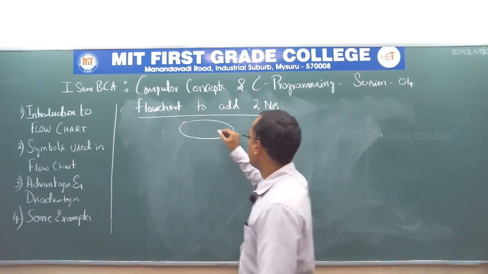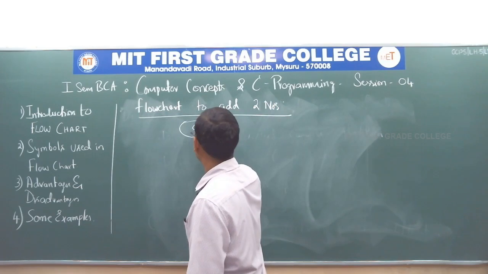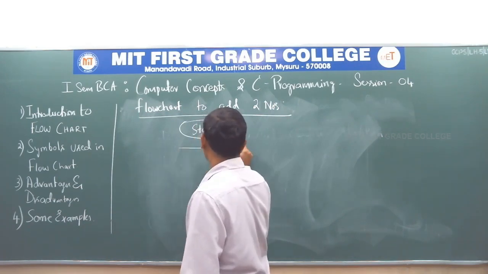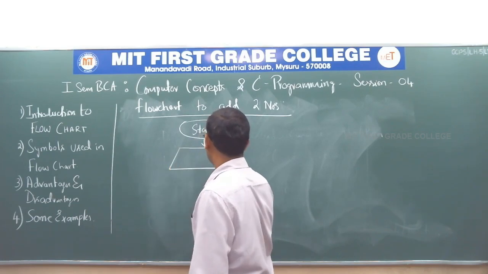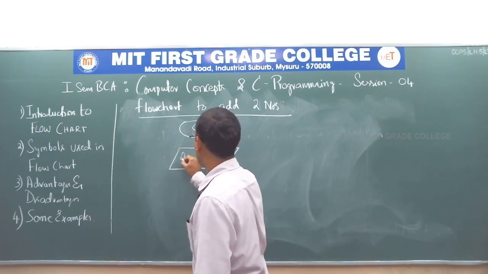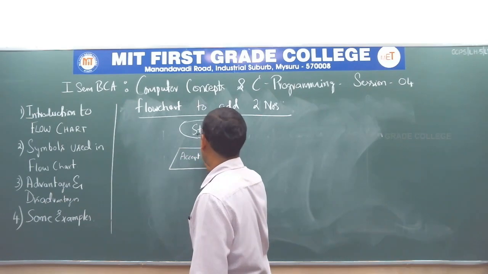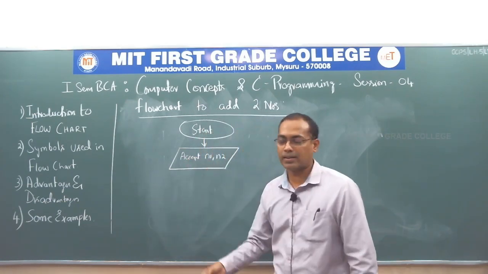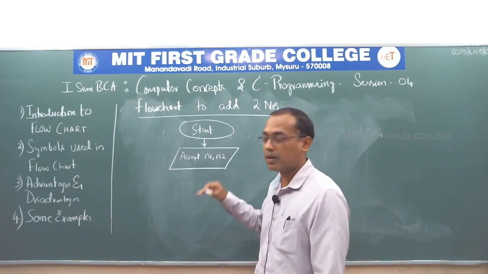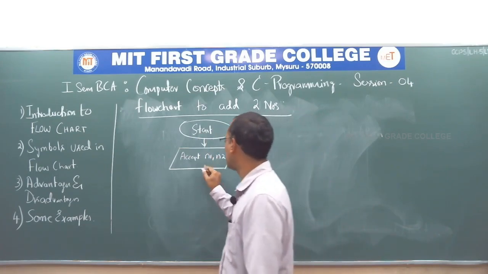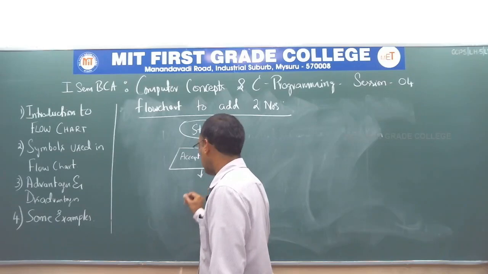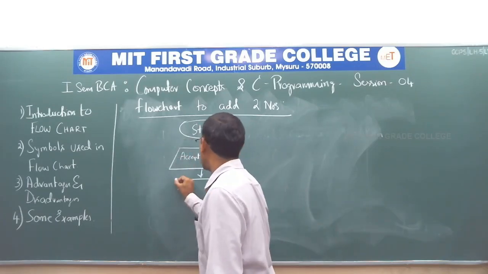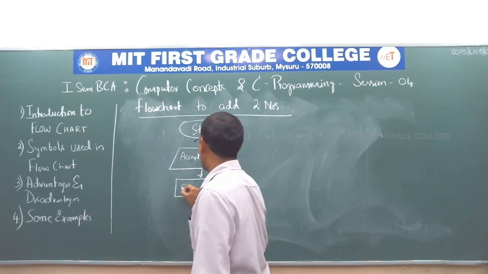Terminal to represent start and stop. Then input, N1 and N2. No need to write accept and all. Just if you mention N1 and N2, that's sufficient. Then you need to compute the sum. For that, you need to use the rectangle.